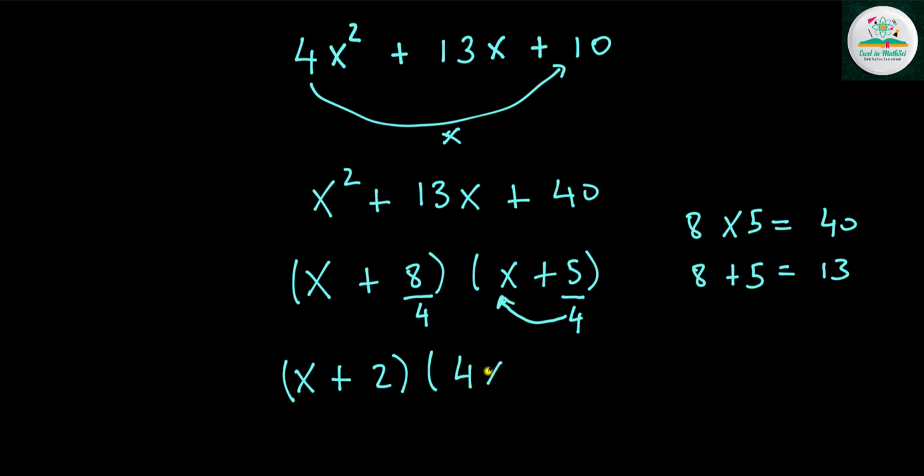So that would be 4x plus 5. So this expression is equal to this factorized form. And remember, this expression is not equal to any of this, so you should never put an equal sign here, because you'd be marked down for that. If you need to put the equal sign, you always put it from the expression to the factorized form.